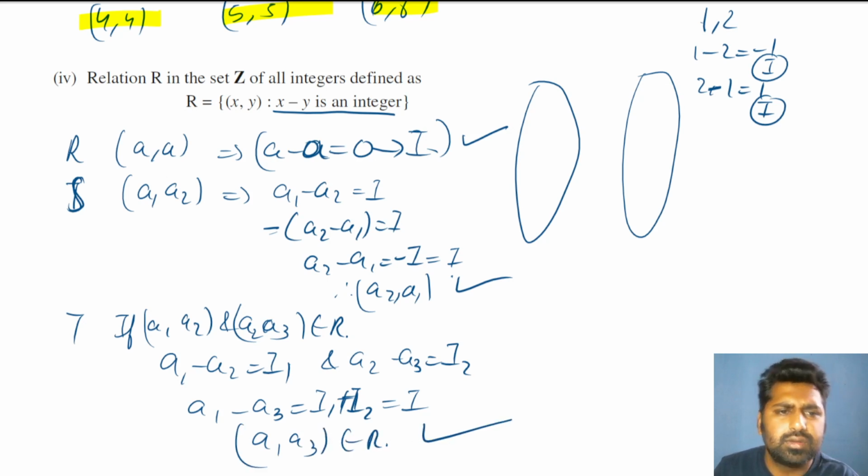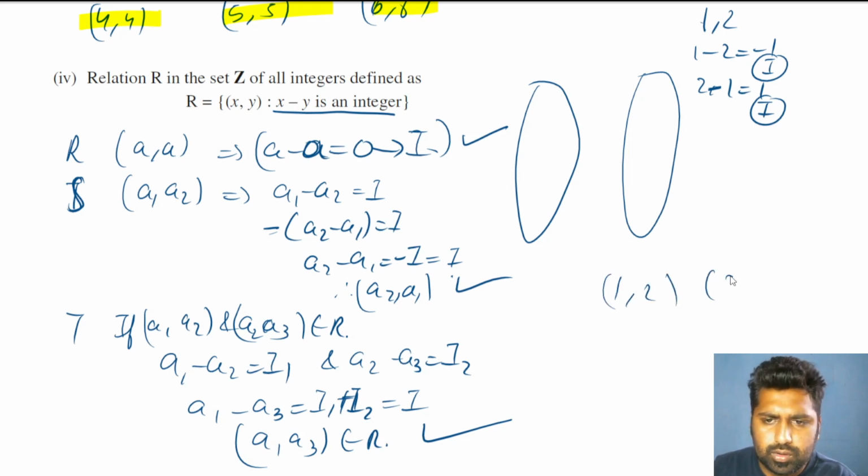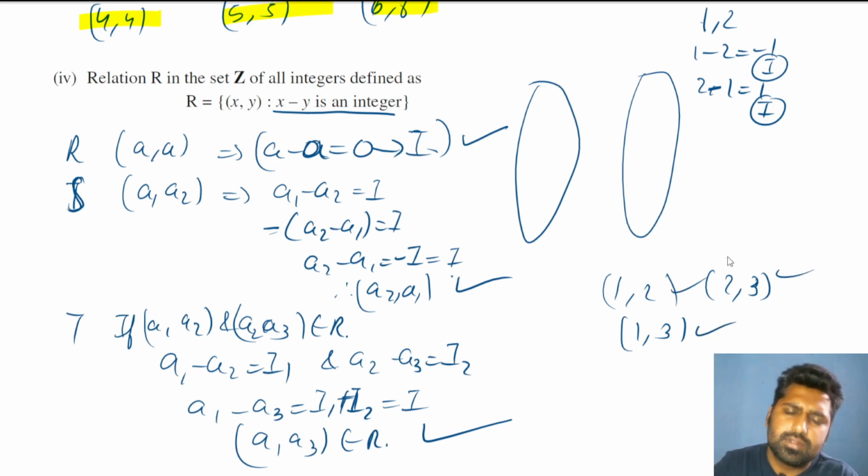So transitive also. Or you take any other combination, 1 2, 2 3. 1 minus 2 is an integer, 2 minus 3 is also an integer. Is 1 minus 3 an integer? Yes. So you can think in terms of numbers, and also in terms of variables.